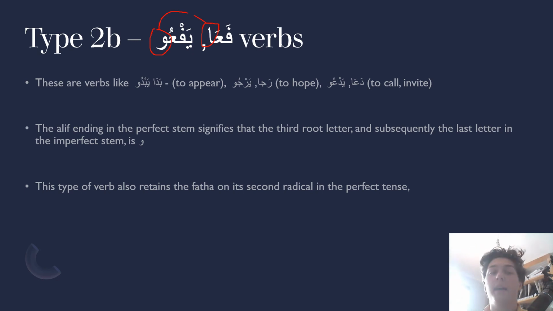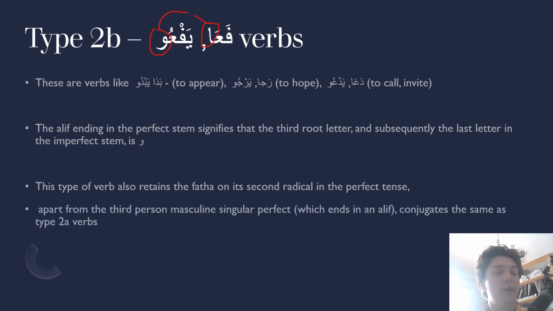So this is why I think of the penultimate two types as type 2a and 2b, because they have the same verb endings, except one has a ya as the third root letter and one has a waw. Apart from the third person masculine singular perfect, which ends in an alif instead of an alif maksura like type 2a, this conjugates exactly the same as type 2a verbs.